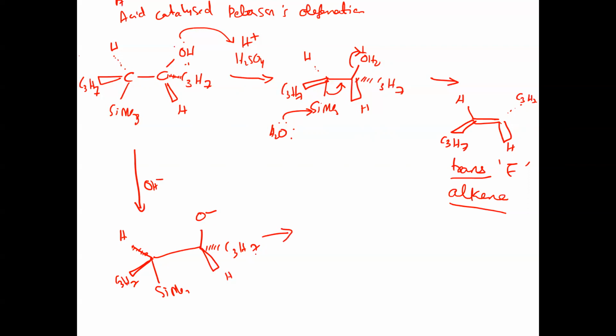Now what happens is that the oxygen has to attack the silicon atom. For that, they should be in the proper orientation, with C3H7 here, and here it should be like that. So this should rotate, and when it rotates, the Si-Me3 should come up.